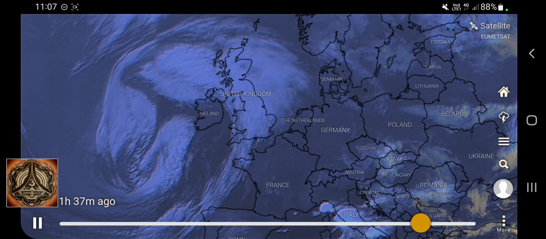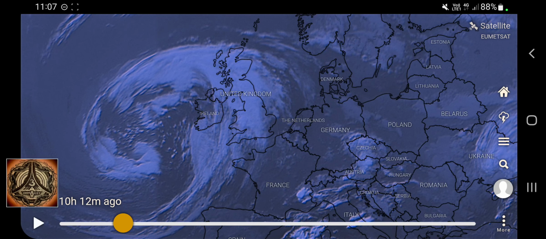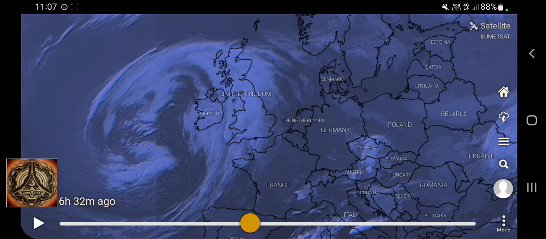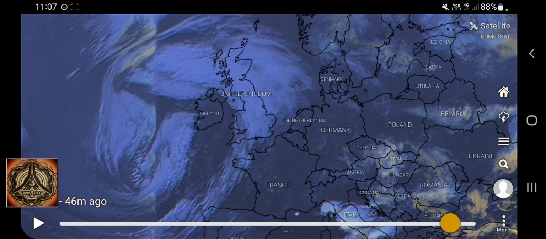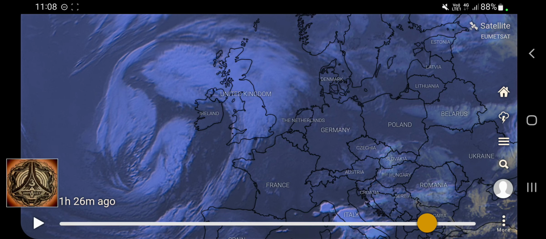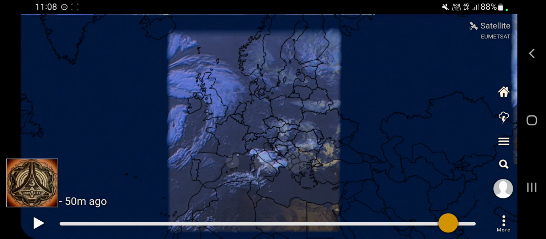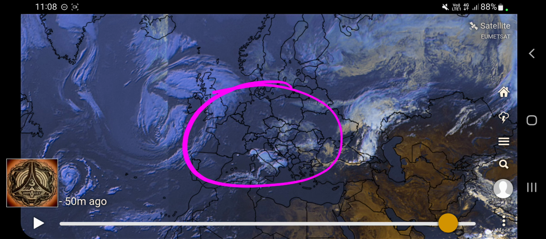But I think I will leave it here. Got to follow the weather. It seems to be very interesting. There might be very much rain coming in the not too distant future. Somewhere around here. Let's draw a drop here. Water. Possibly quite much.